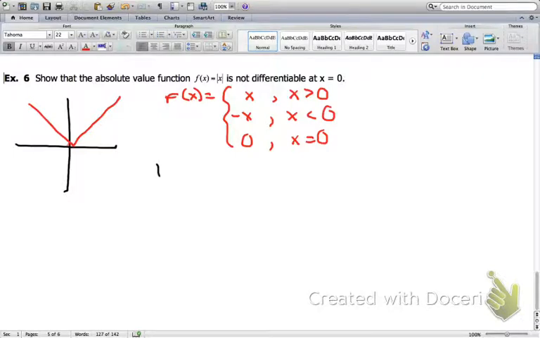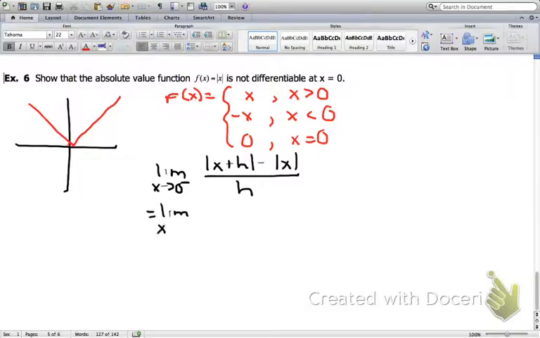So let's look at the limit as h approaches 0 from our negative side. We are going to have the absolute value of x plus h minus the absolute value of x, all over h. As it's approaching from our left side, this is going to be when our x values are negative.